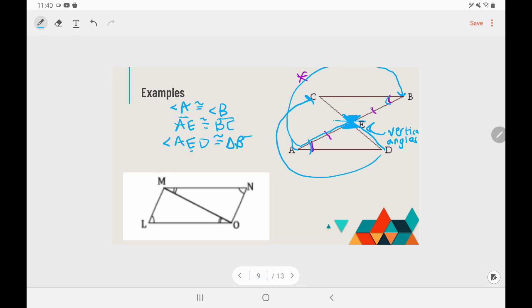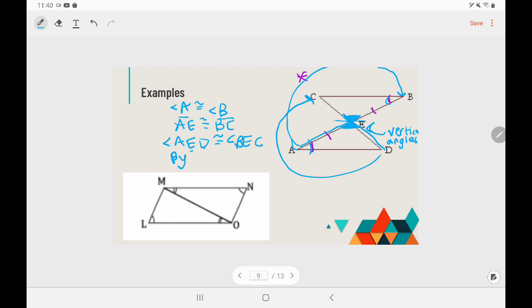E stayed where it was. So E goes to E, and D rotates to C. So angle AED is congruent to, not triangle, to angle BEC.